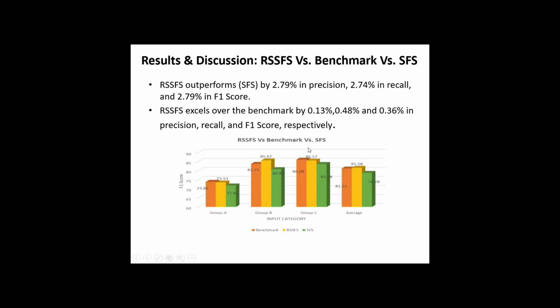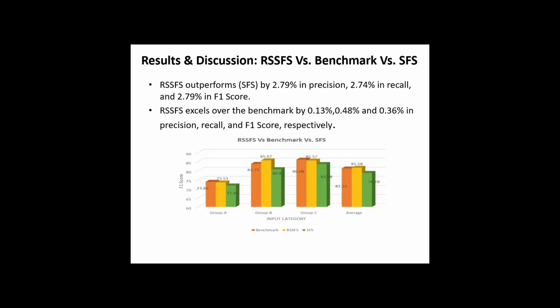In group B, it has excelled over both the benchmark and the supervised feature selection method. In group C, it is close to the benchmark, but it has excelled over the supervised feature selection method having the two labels. In aggregate, it is close to the benchmark, and in all cases it has always excelled over the supervised feature selection method.